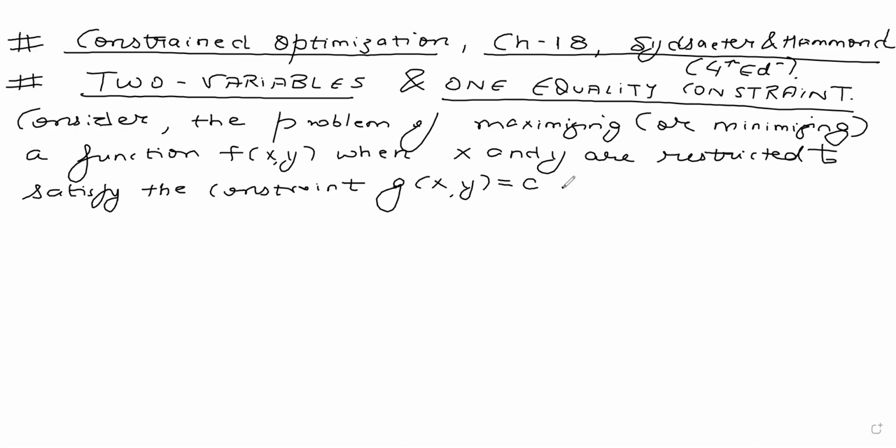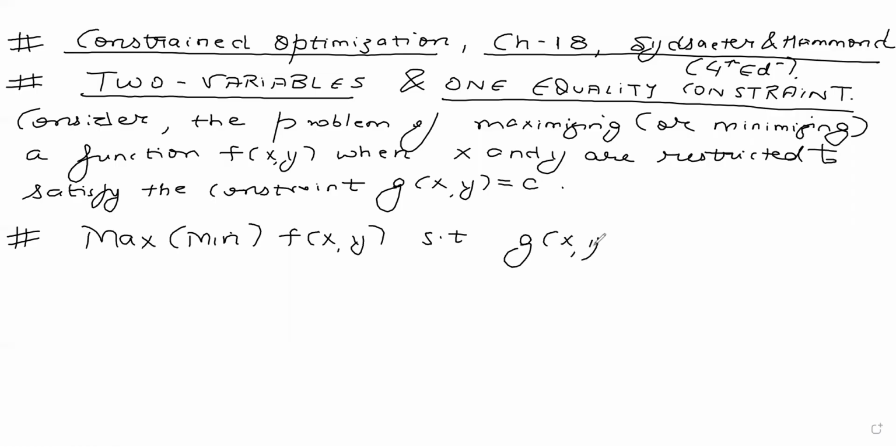So we have the following problem. I can write it in a clearer way. The objective is to maximize or minimize f of x, y subject to the constraint g of x, y equal to c. So this is our objective in constraint optimization. It's a simple optimization problem.